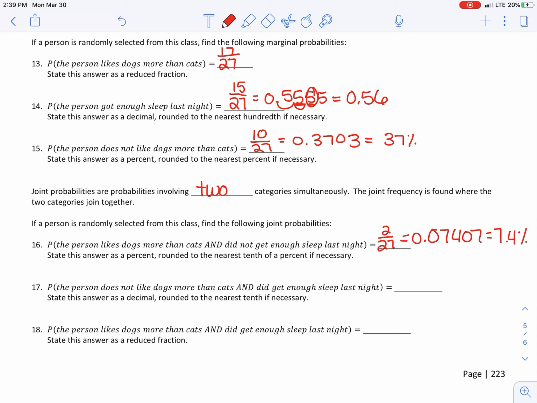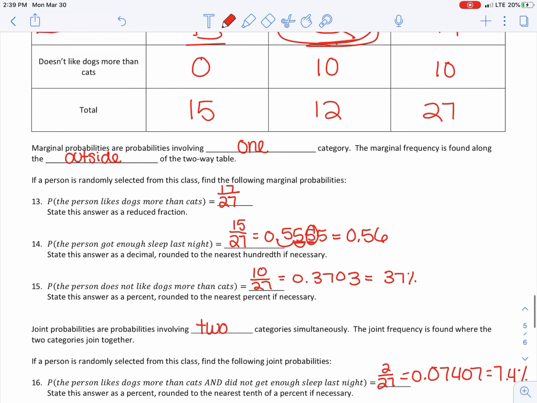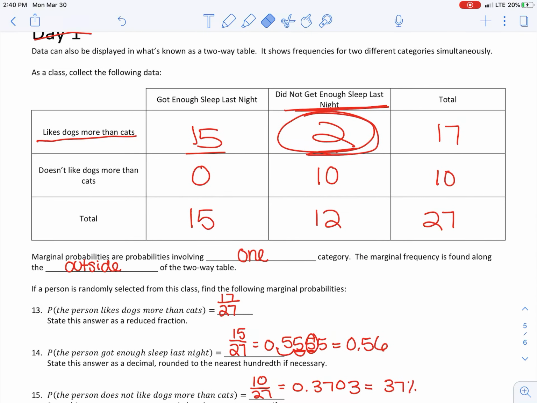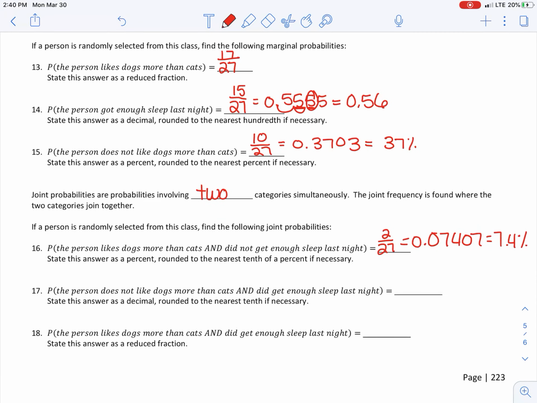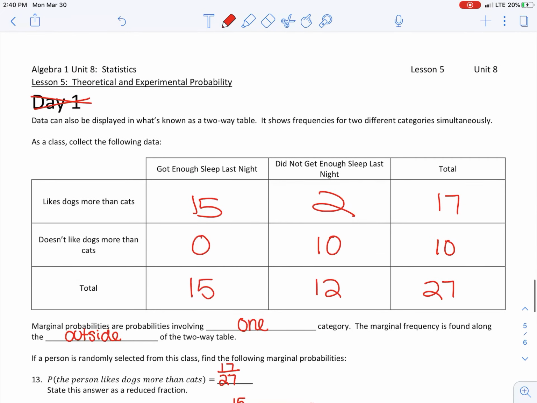Okay, for number 17, it says the person does not like dogs more than cats and did get enough sleep. So basically, we're looking at here. And I think I just got rid of another number. And now I forgot what I was finding. The person does not like dogs more than cats and did get enough sleep last night.